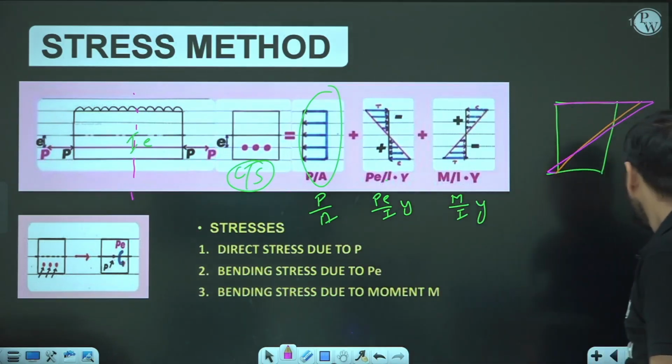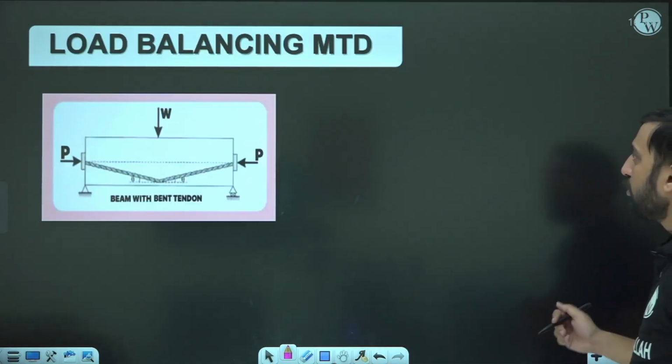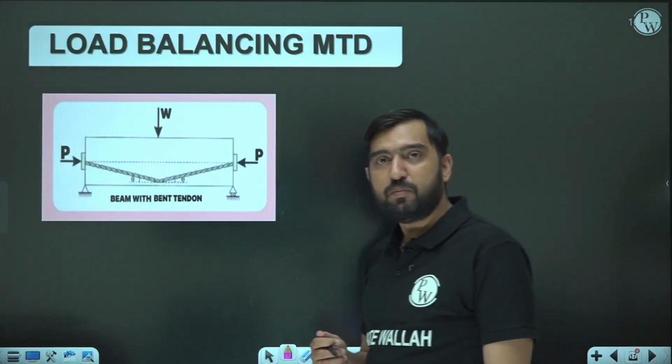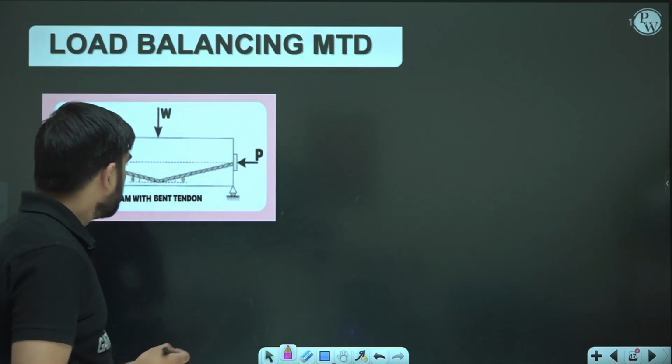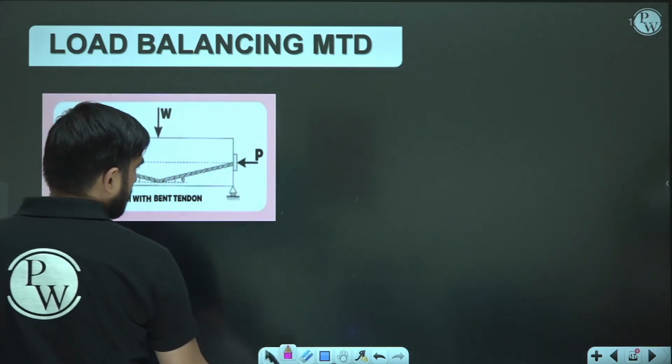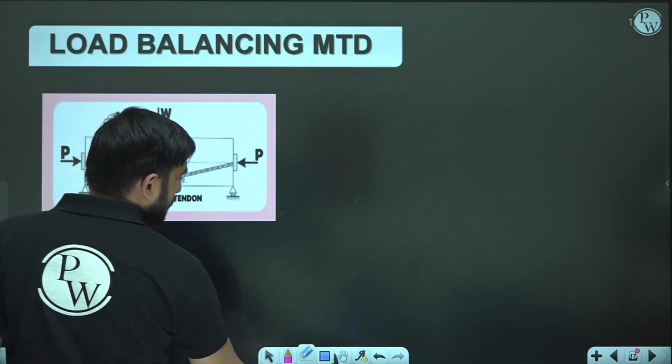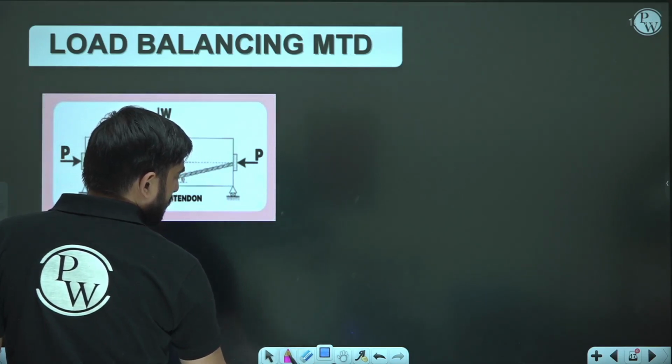Okay, so like here in the load balancing concept, we have seen that it would be like this. It is not very correct, it is like this.